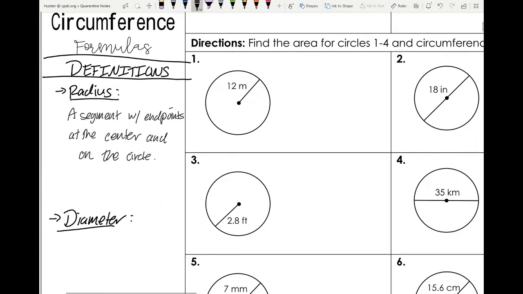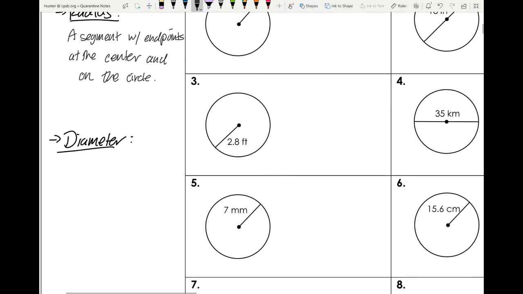Okay, so if you look at this circle to the right, that little segment in there is called a radius. All that matters is that we have one endpoint at the center and one endpoint anywhere on the circle, like along the outside of the circle.